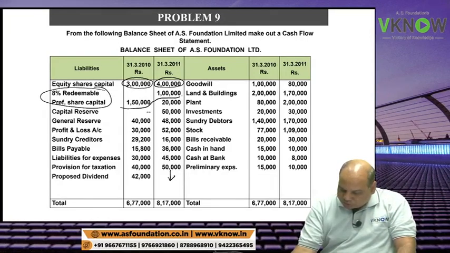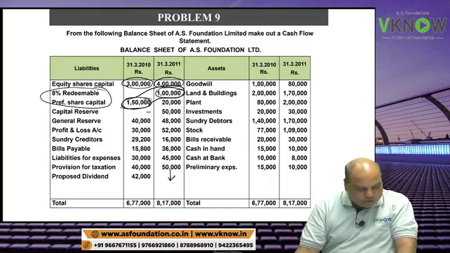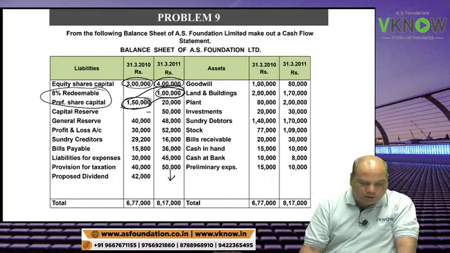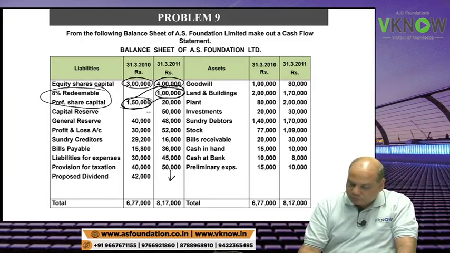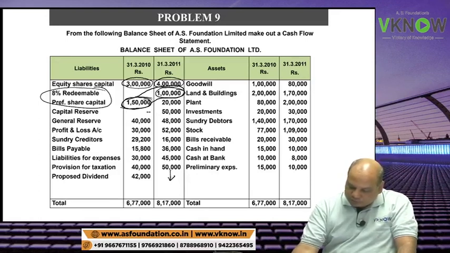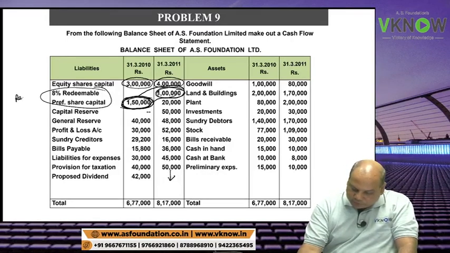Then in your book, 8% redeemable preference share capital. So actually the figures are like this. Opening is 1,50,000, closing is 1 lakh. In your book properly typed. So that will give you redemption, because opening is more, closing is less. So in case of preference share, seems like redemption.